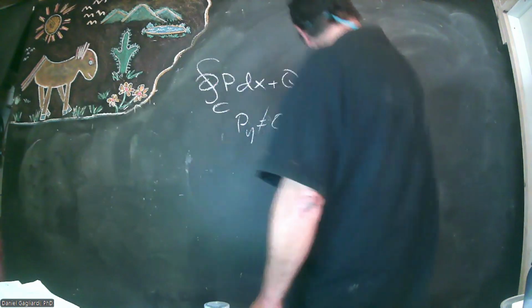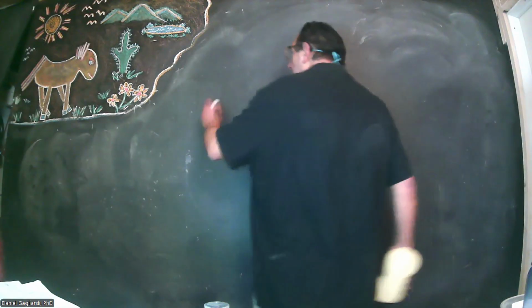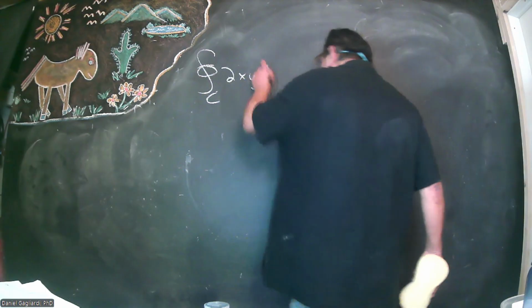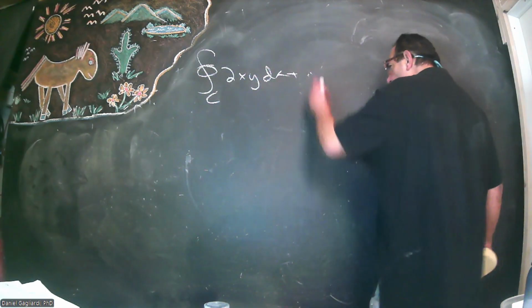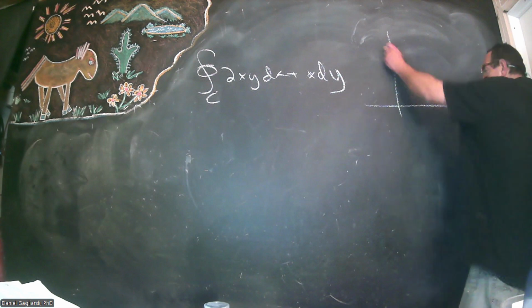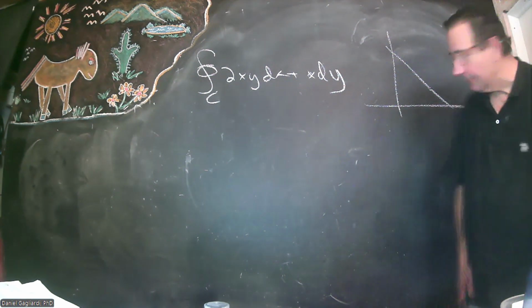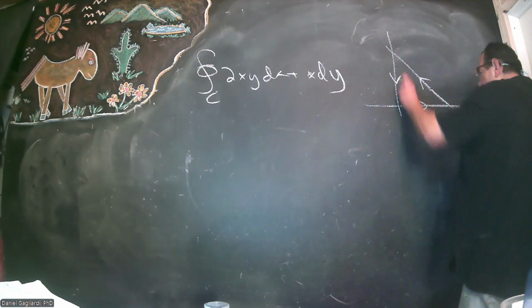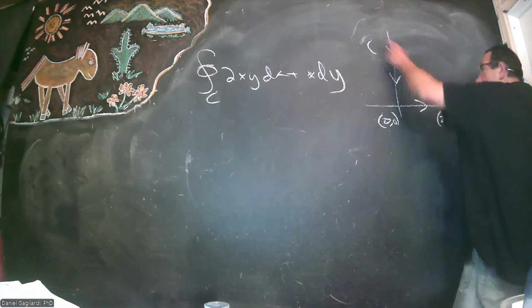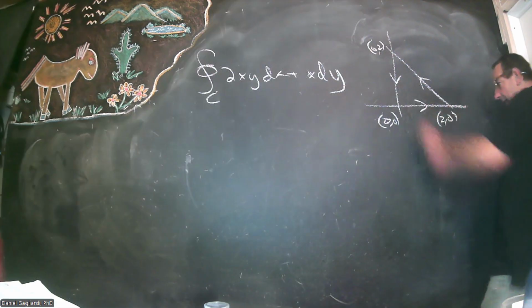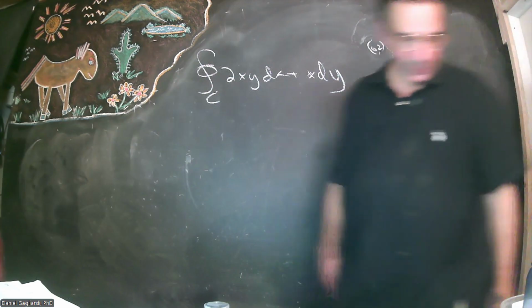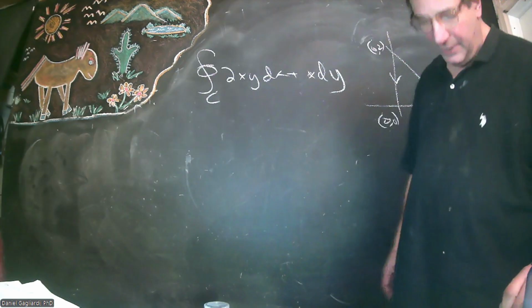One of the examples that we did was the following. Let us consider the integral around C of 2xy dx plus x dy, taking place over a triangle going from the origin to the point (2, 0), then to the point (0, 2), and then back home again, in a counterclockwise fashion around the enclosed region, which I referred to as a lake.